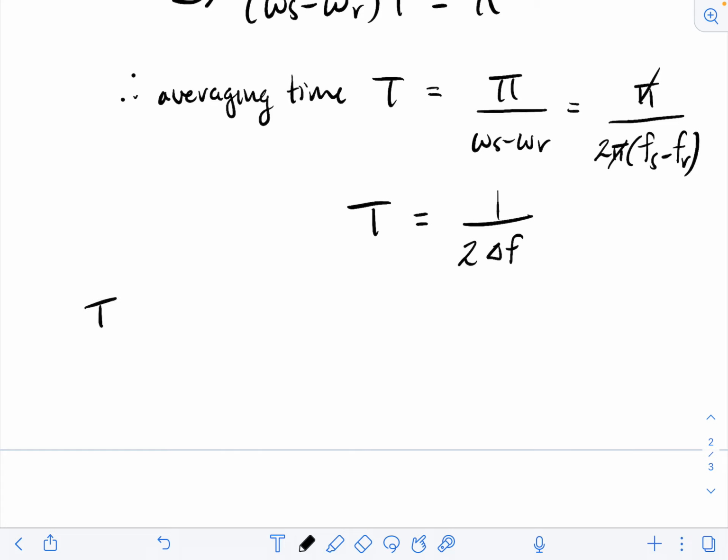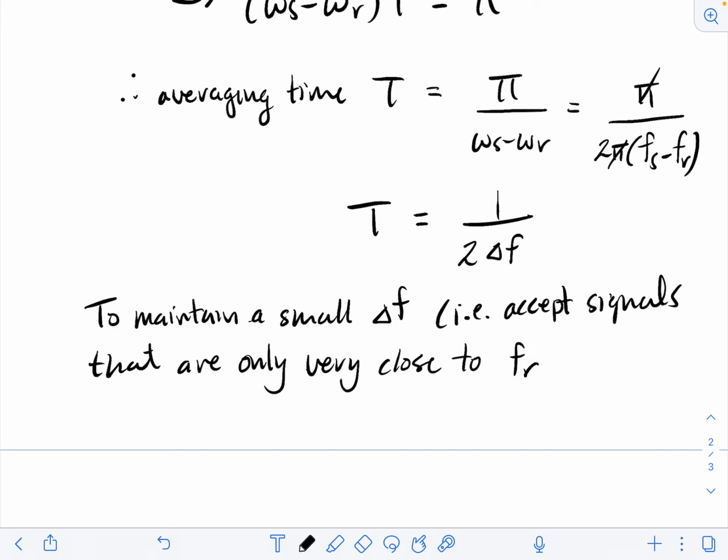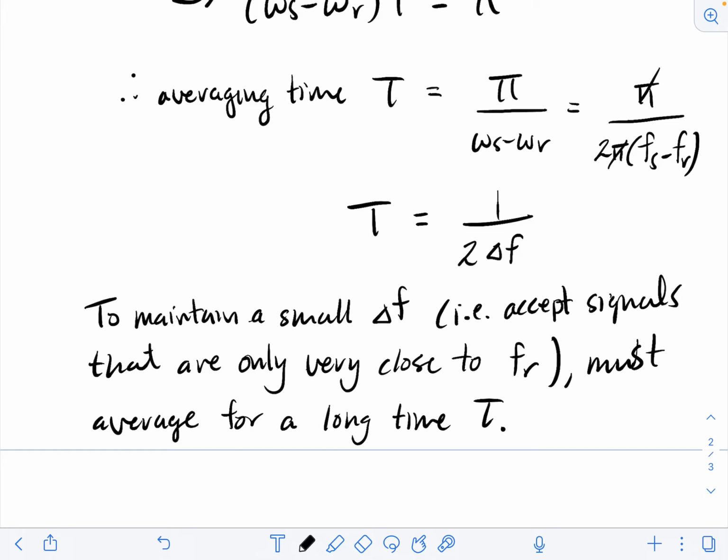So to maintain a small delta f, i.e. if we want to accept signals that are only very close to the reference frequency, we must average for a long time, and that time is set by capital T. When you use a lock-in detector, one of the settings it has is called a time constant.